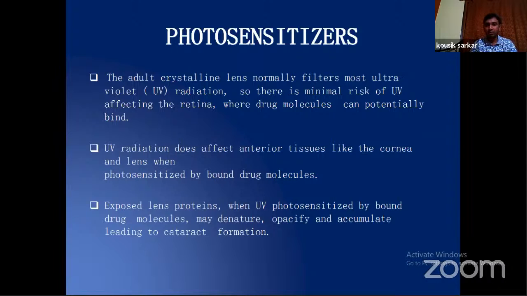Exposed lens proteins, after photosensitization by bound drug molecules, may denature or opacify and accumulate inside the lens, causing cataract formation.